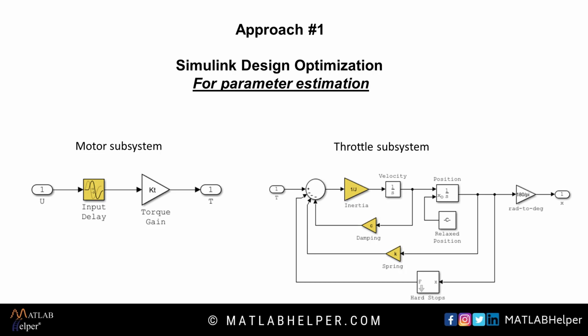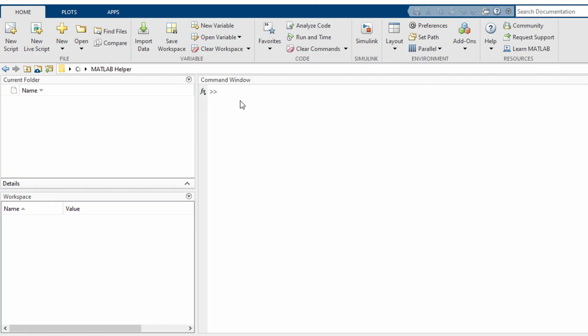We will find that this data doesn't match, so the idea is to use the parameter estimation app in order to make the real data and simulated data the same. So let's start by opening the model.